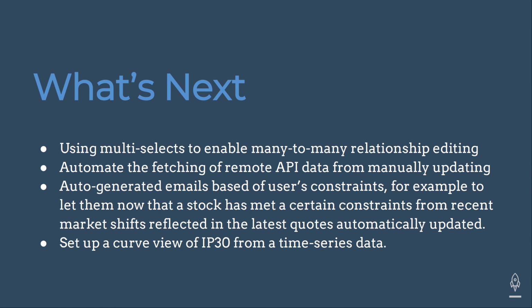And the next step would be to add multi-select to enable many-to-many relationship editing, because we noticed that each time we would only add one tag at a time to a specific stock. And also automate the fetching of remote API data to relieve the user from manual updates. Another thing I plan to do is to generate emails based on users' constraints.